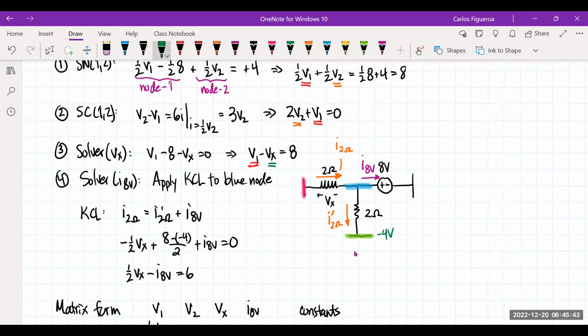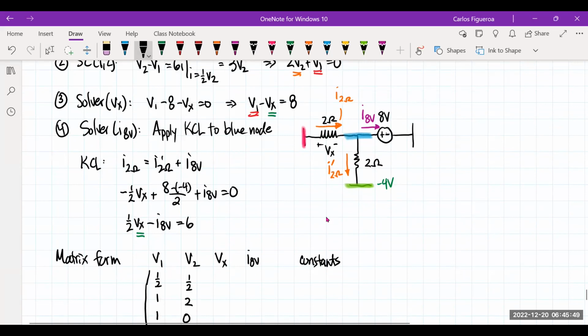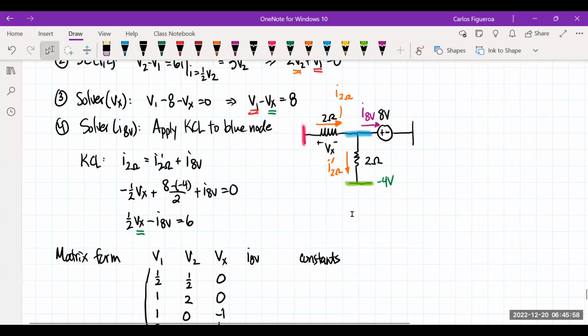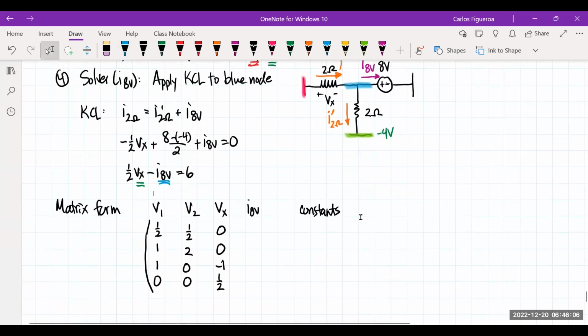I have a Vx right there, and a Vx right there. So then I have 0, 0, minus 1, 1/2. Now I go to I 8 volts, and it only occurs in the last equation. So this should be 0, 0, 0, and then that's got to be -1.